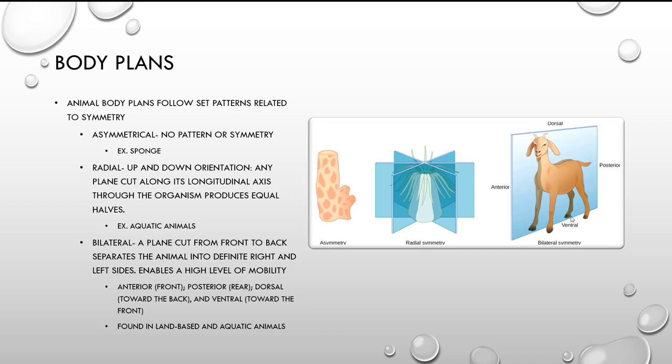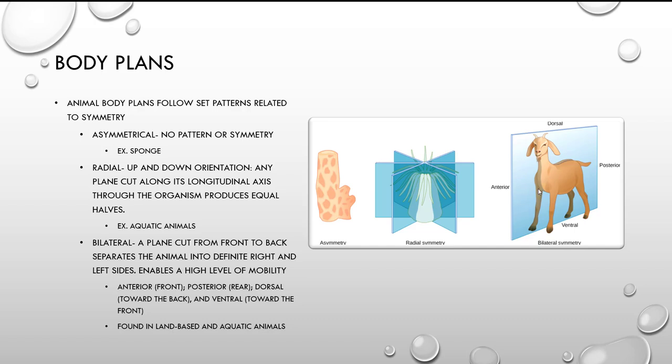And just as we get into our terminology, and you'll see a lot more of this terminology in the lab, we use a certain set of terminology to locate certain parts of the body, so you'll need to get used to that. When we refer to something as anterior on an organism, that means the front of the organism.